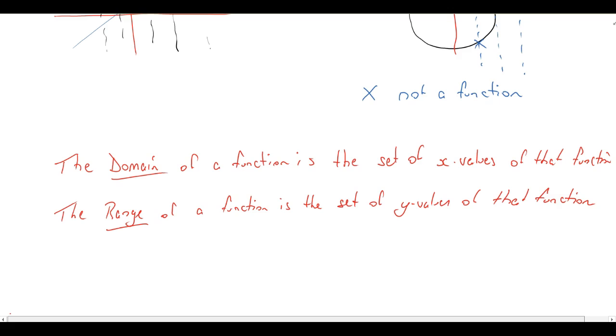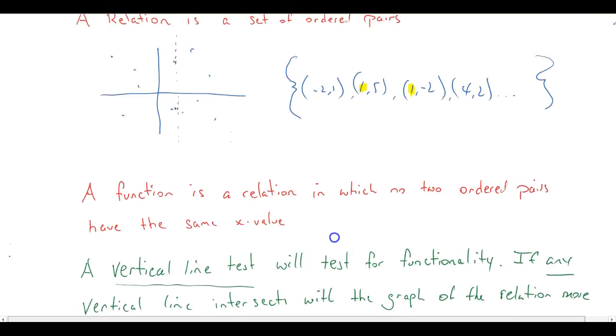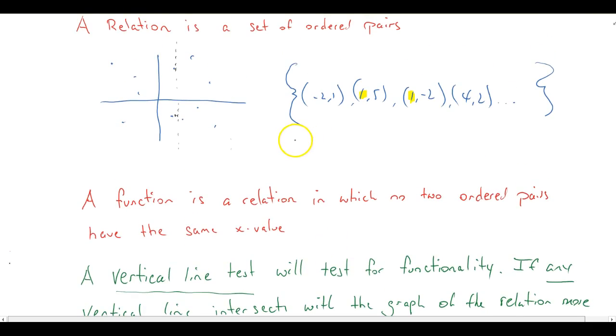So what we can take from this example up here, for instance, is that our domain will be just the set of numbers of our x values, and we'd normally write them in ascending order, so lowest to highest. If I'm just looking at these four points here, then it would be -2, 1, 4.